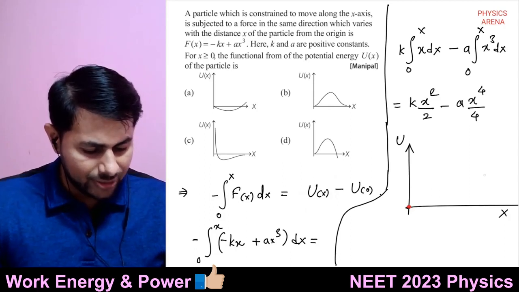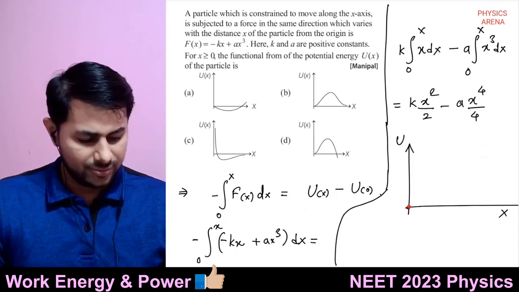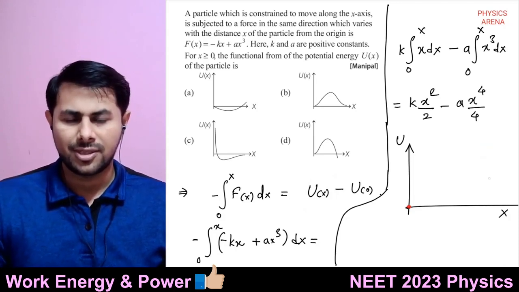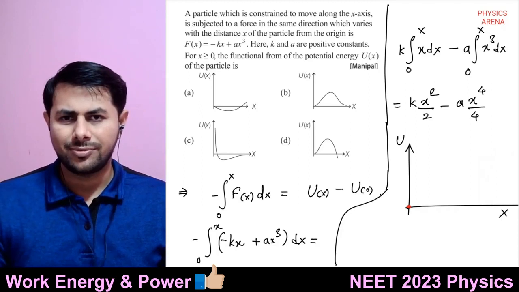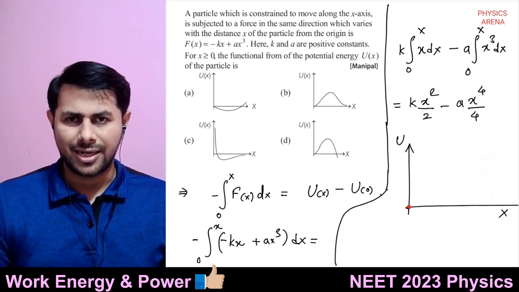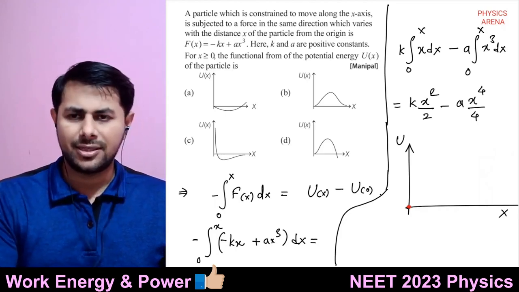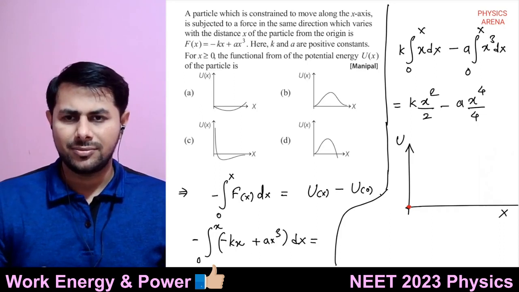You take some value. So if this value is above the x-axis, what will happen? The difference will be negative or positive? The difference will be positive, right? But if this value is below the x-axis, then the difference will be positive or negative?